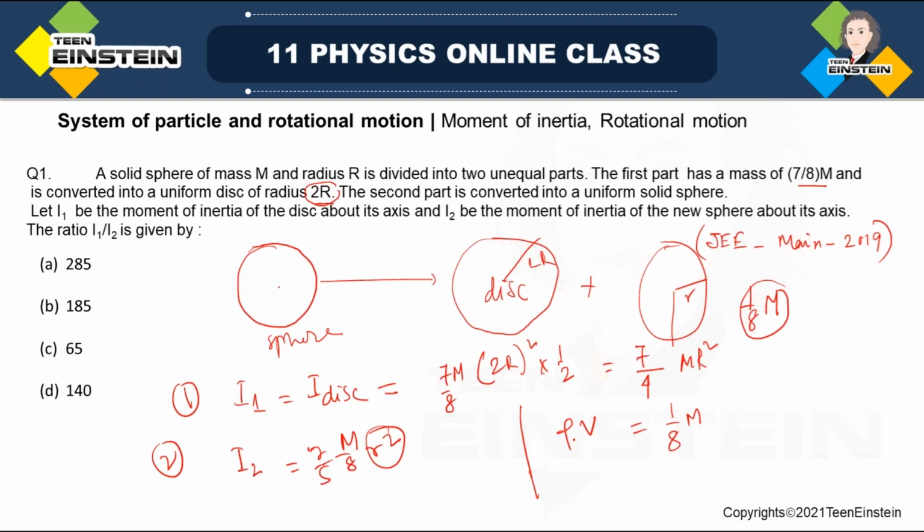Now we need to find out what this rho is. Rho is mass per unit volume.